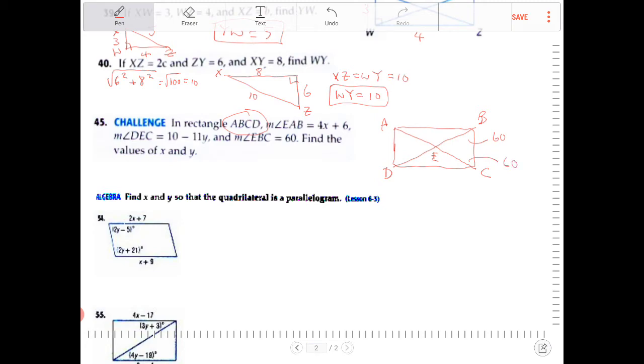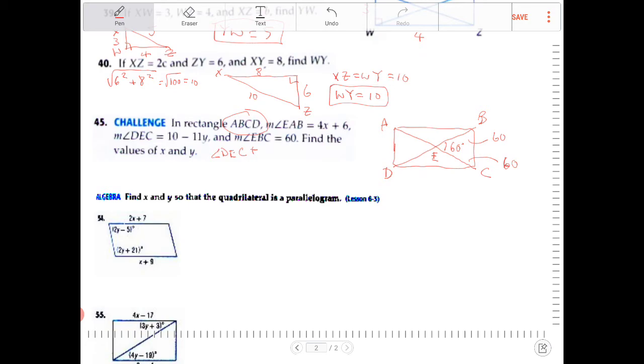Angle DEC plus this angle over here must therefore equal 60 degrees, right? Because all three angles must add up to 180.